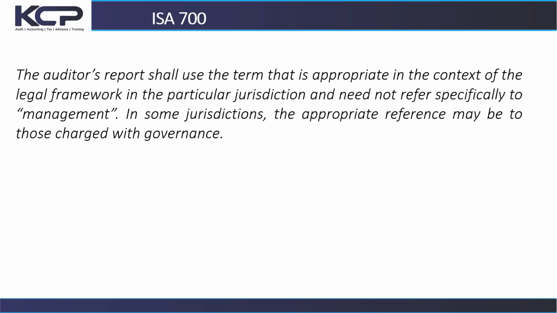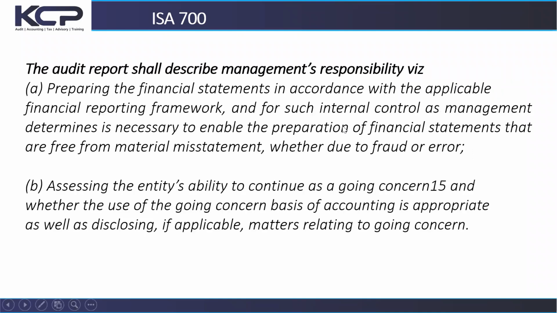So in some jurisdictions, the appropriate reference may be to those charged with governance. So not in all cases may the management be held responsible for the preparation of the financial statement. Some other jurisdictions may say this will be the responsibility of those that are in charge of governance. So any question on that before I go on? Any question?